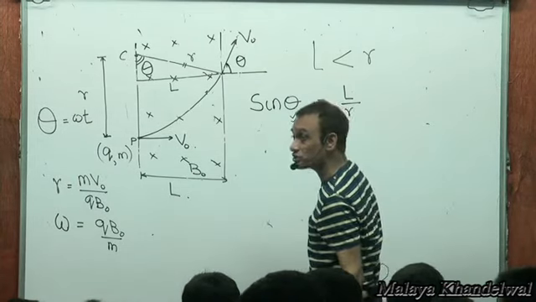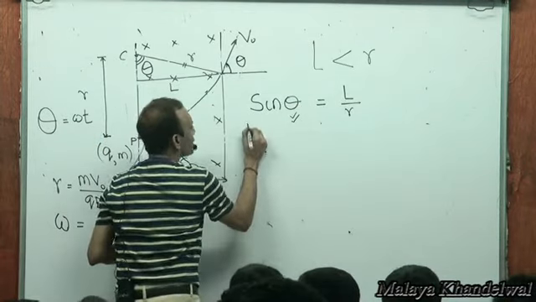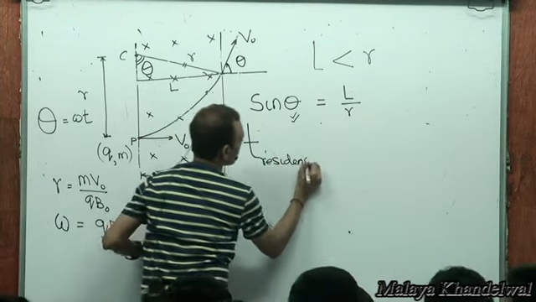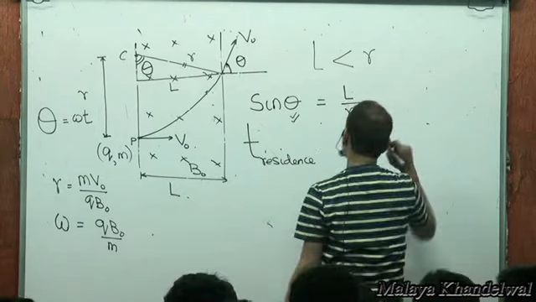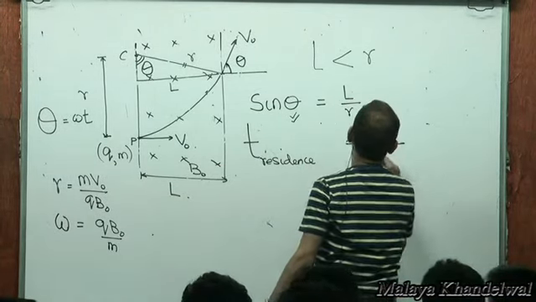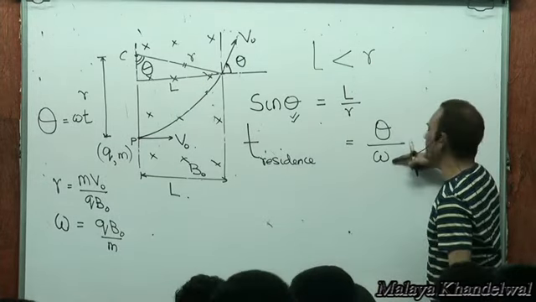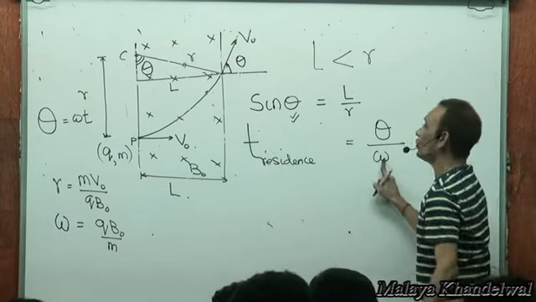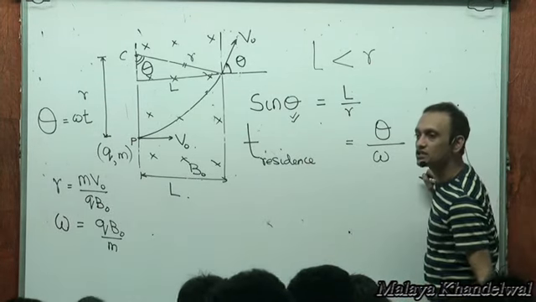Once you know theta, the residence period in this region is going to be theta divided by omega. Theta is the total angular deviation, and omega is the rate at which theta changes, so this is the time it takes. Theta we have computed, and omega we know is Q B naught by M. This will give me the residence period in this strip.